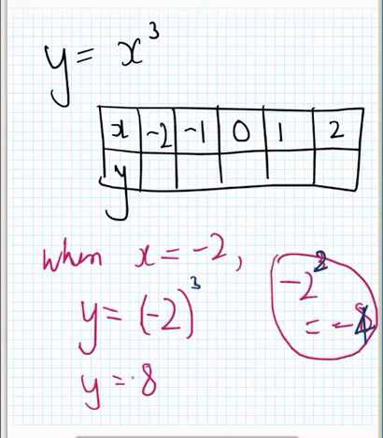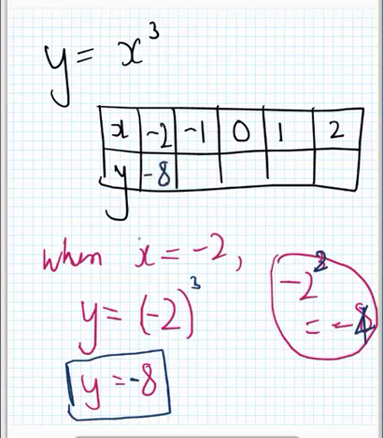So for this one, it's also -8, because -2 times -2 is +4, and then +4 times -2 is -8. So when the powers are odd, the brackets don't really matter, because it'll always be a negative answer. But get into the habit of putting in brackets. So the y value here is -8.